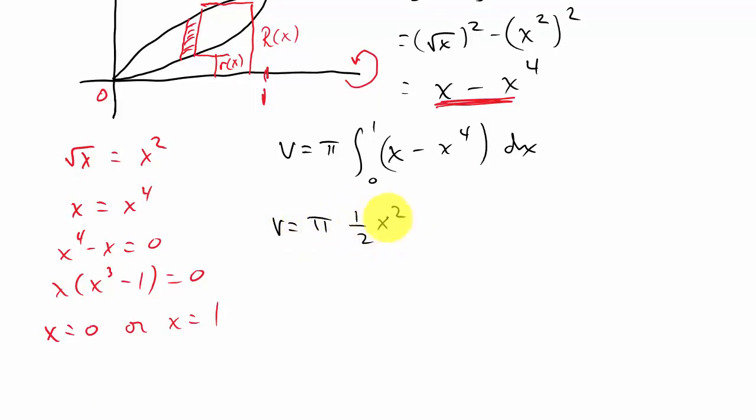Now I integrate. I get 1/2 x squared minus 1/5 x to the fifth, going from 0 to 1. Now let's evaluate.